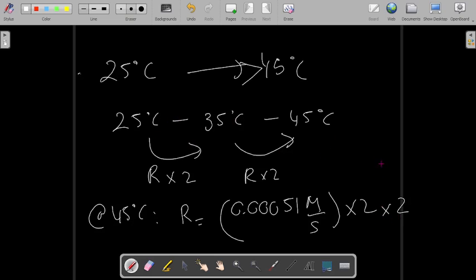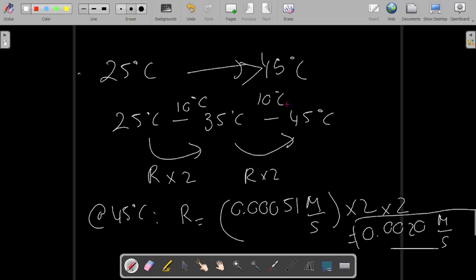So if you do that, you get that the new rate, using our rule of thumb, is 0.0020 molarity per second. Okay, so just break down what's going on with the temperature, and remember that the rate doubles as you increase by 10 degrees Celsius. Every 10 degrees, multiply by 2. If it decreases by 10, divide by 2. So this one is done.